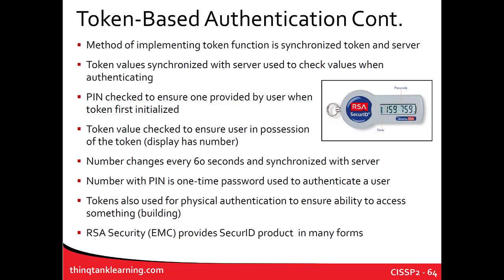So the user typically enters a PIN, something they know, and then the token value, which is something you have, and that combination forms the one-time password. But it's only going to be valid for a short window, and it's never going to be used again.